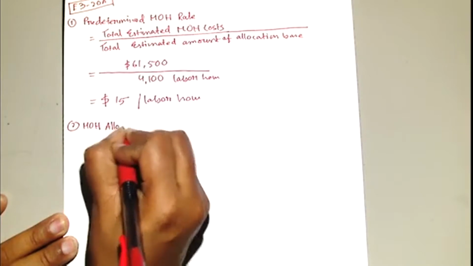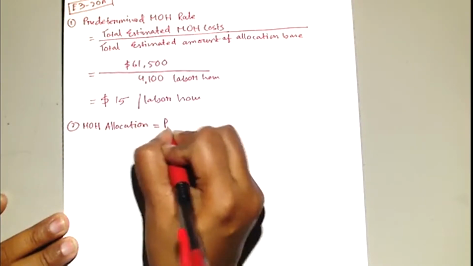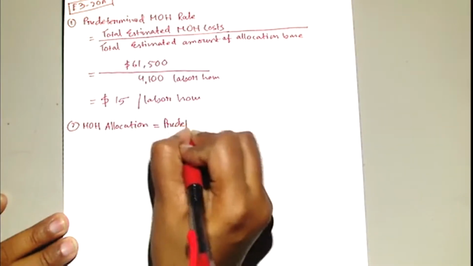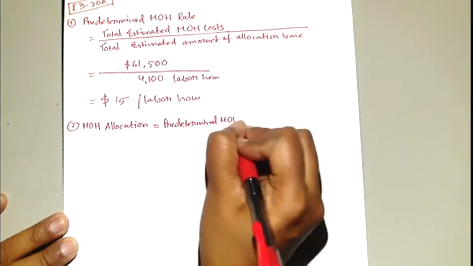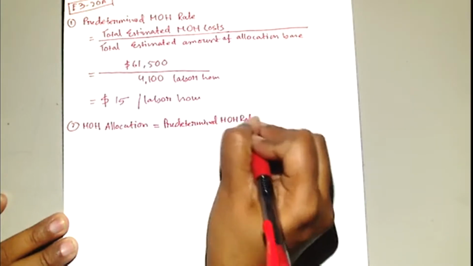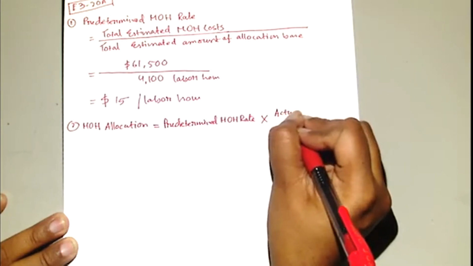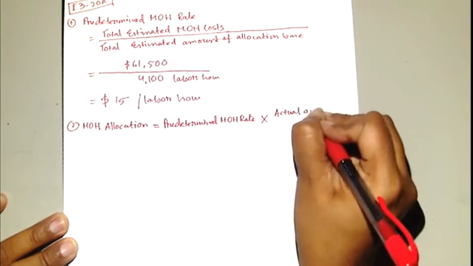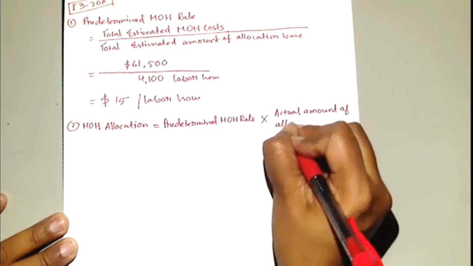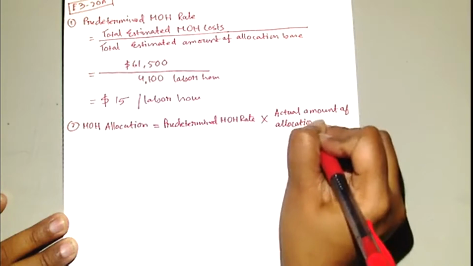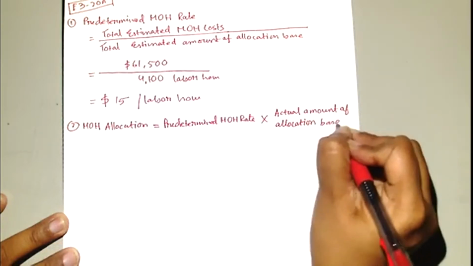Manufacturing overhead allocation equals predetermined manufacturing overhead rate times actual amount of allocation base. And we know the allocation base is labor hour.